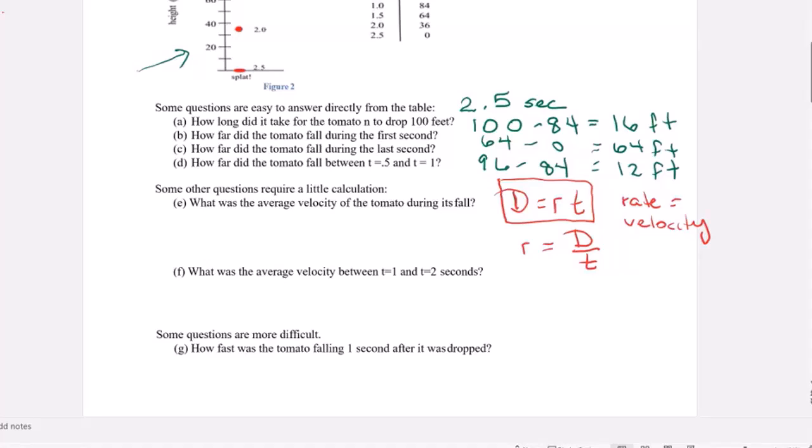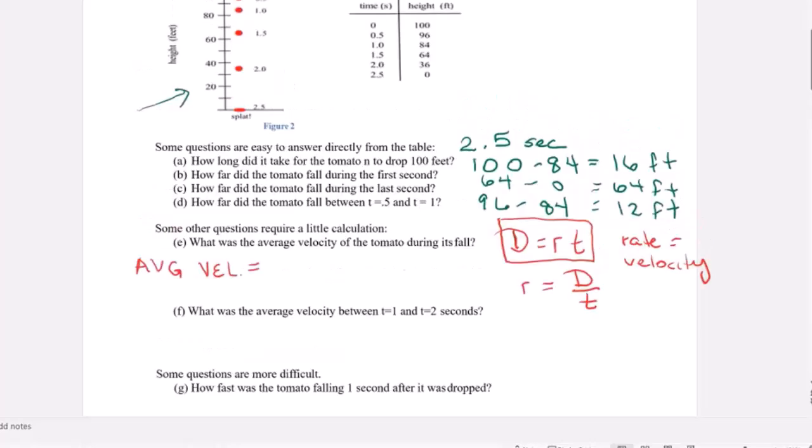During the whole fall, the average velocity of the tomato is the same as the slope of the line from wherever we start to wherever we end. This wants it for the entire time the tomato is falling.